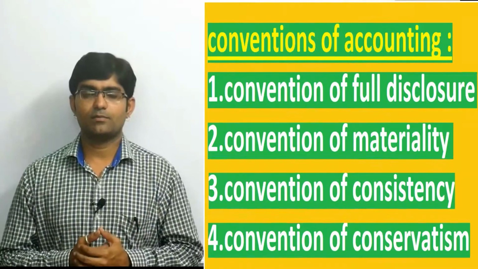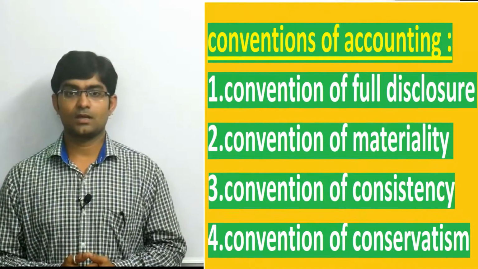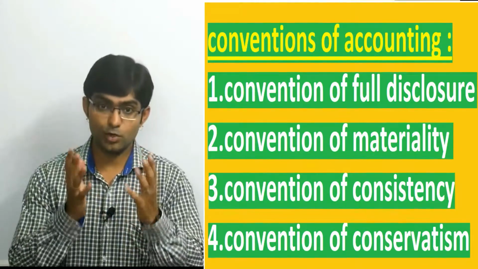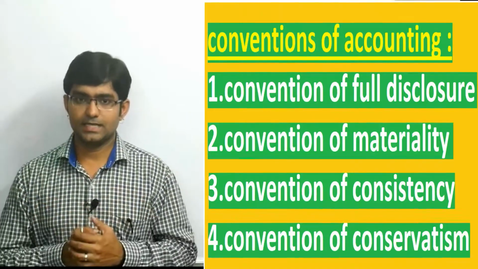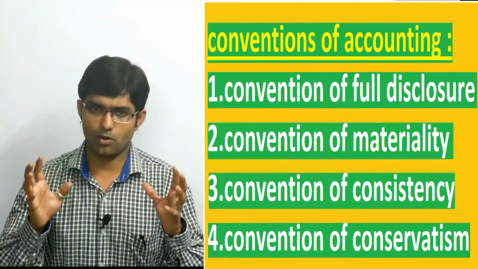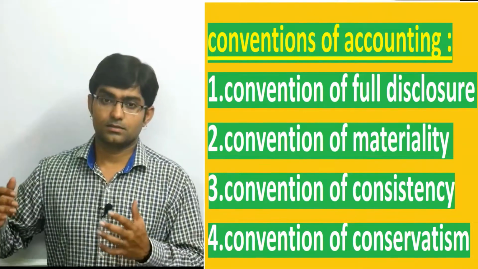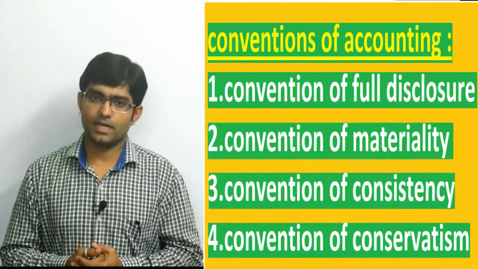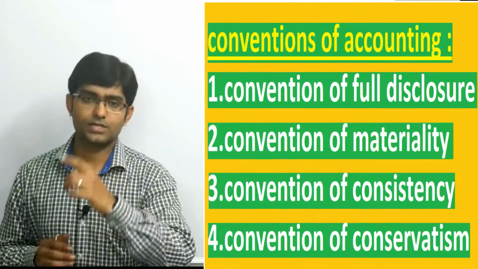Insignificant things can be left out or they can be merged with other items, but significant items need to be disclosed in a visible manner. What this convention of materiality says is, if anything just increases the work of an accountant but elimination of that won't affect the decision making of users of financial statements, then he can leave those things. This is a contradiction to convention of full disclosure.